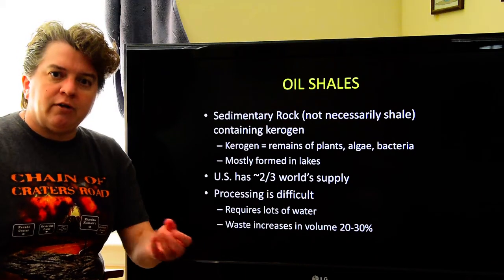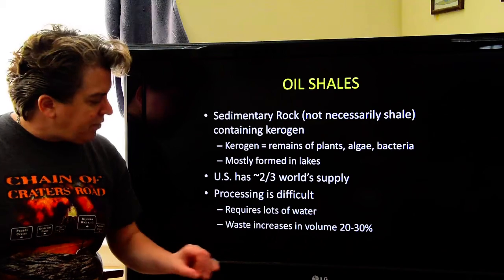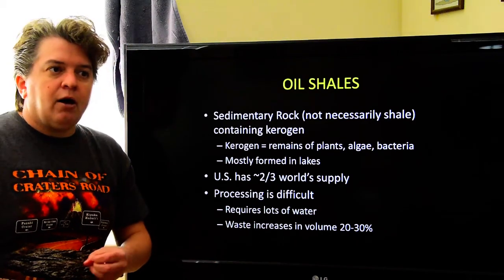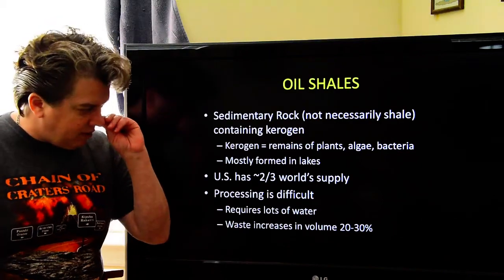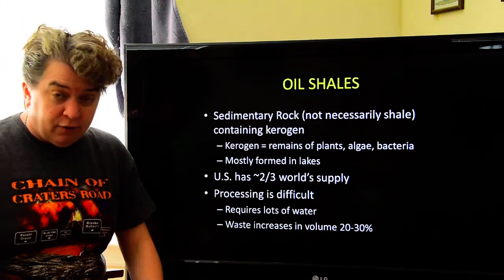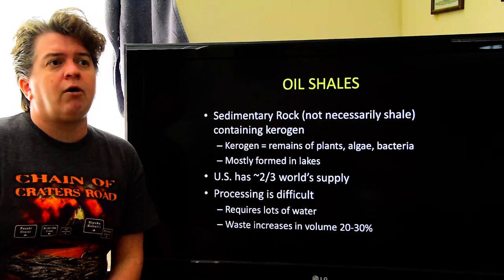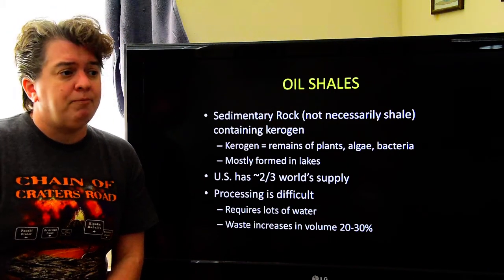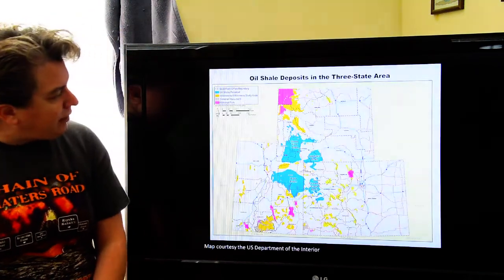Processing an oil shale to get the oil out requires a lot of water, and you get quite a bit of waste from that. The volume of waste increases by 20 to 30% in many cases, so you have to figure out how to dispose of that and take care of that.